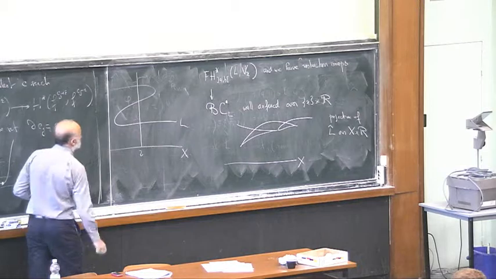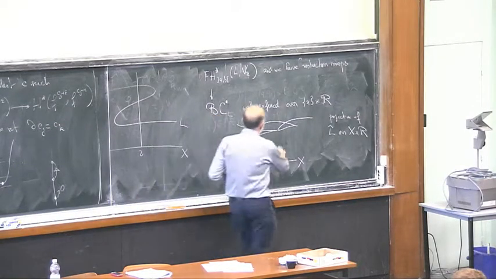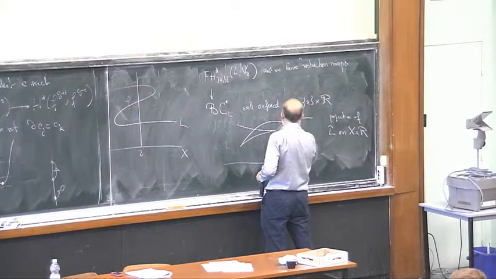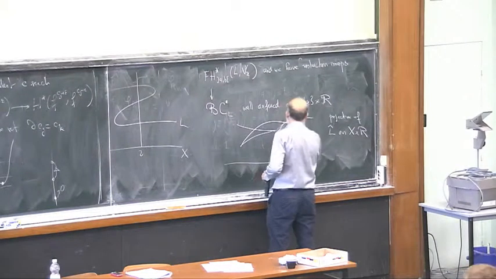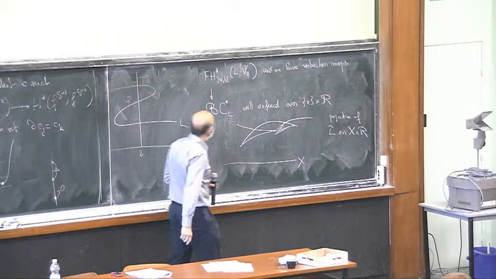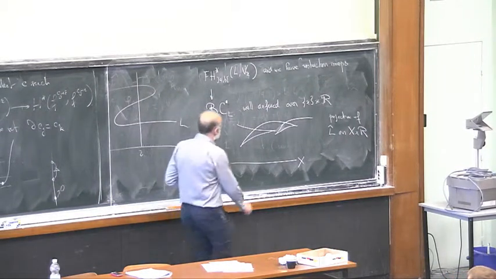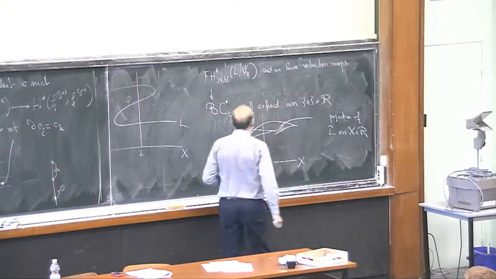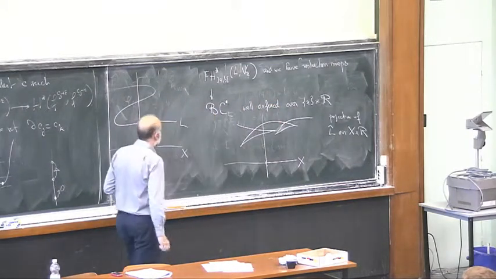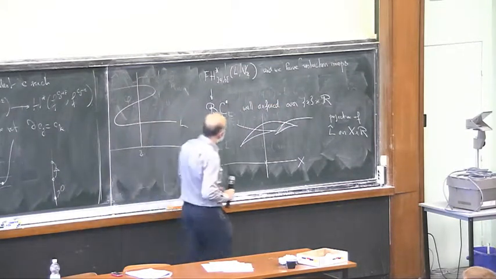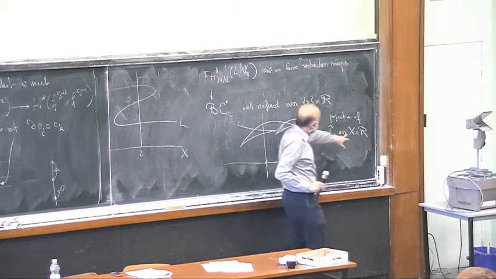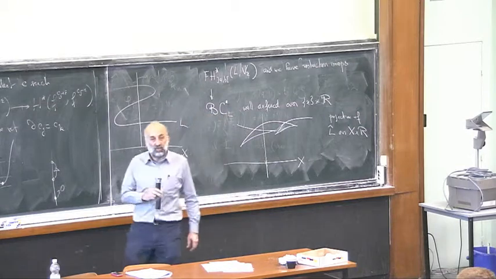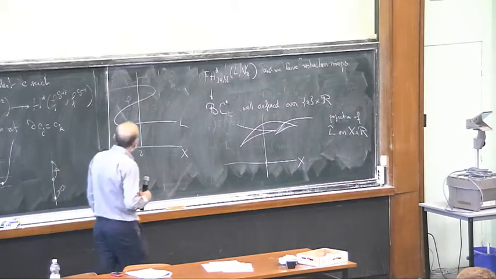That's some singularity. So I have a point here. So now this is the set. So X times R is the set where the sheaf is going to live. That's one reason to represent it this way.